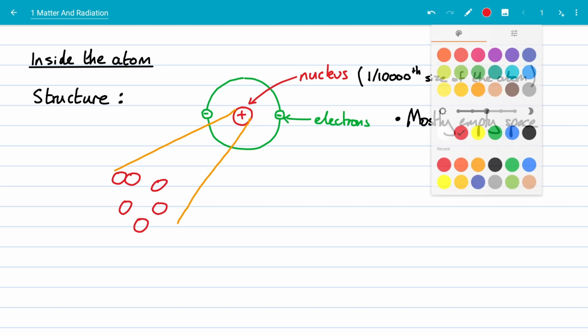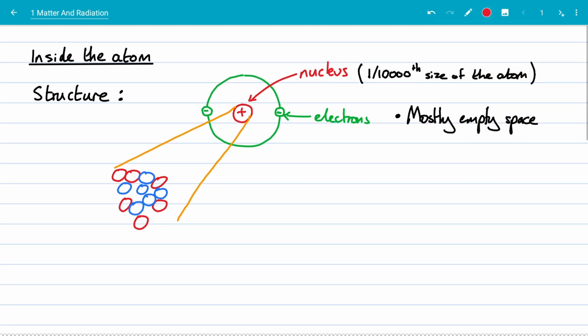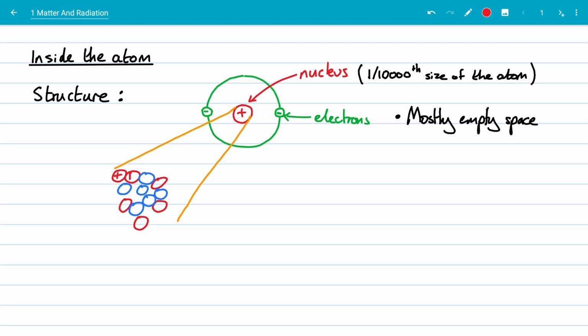Let's have 6 protons, because why not? And let's have 2, 3, 4, 5, 6 neutrons, just like that. And the protons themselves have the positive electric charge, so let's label them with the plus. And the neutrons are neutral particles, and that's what we find inside the nucleus.